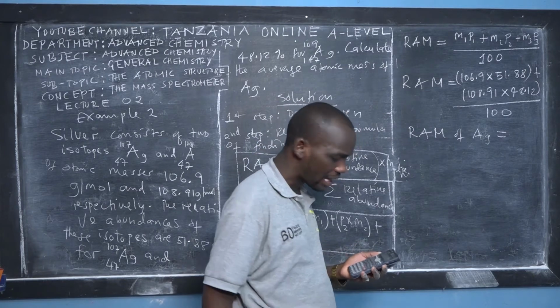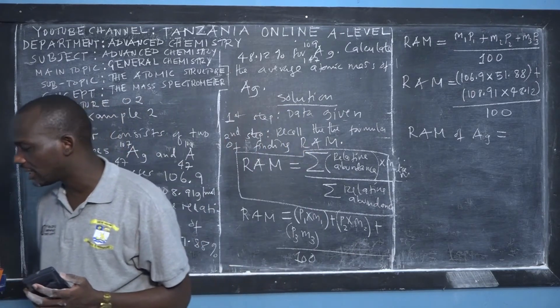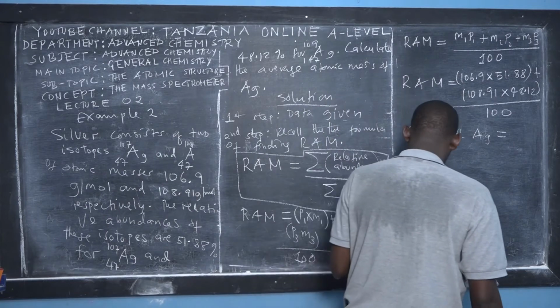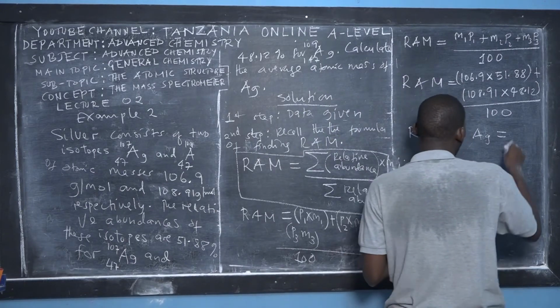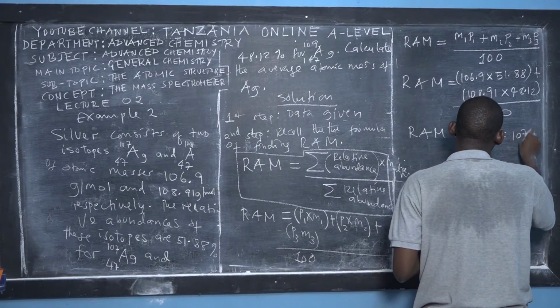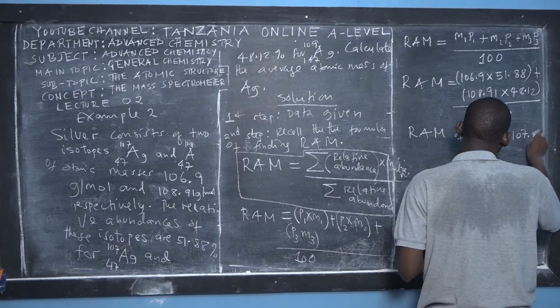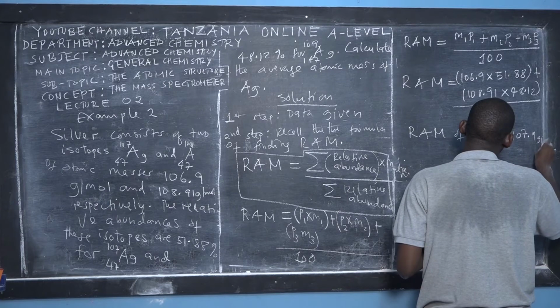We divide this by 100 and the response is 107.87 grams per mole.